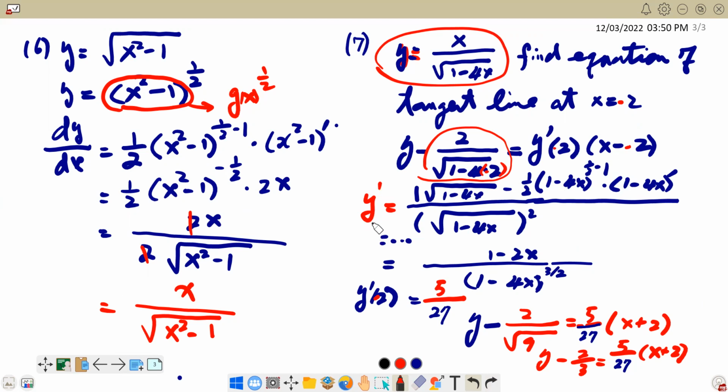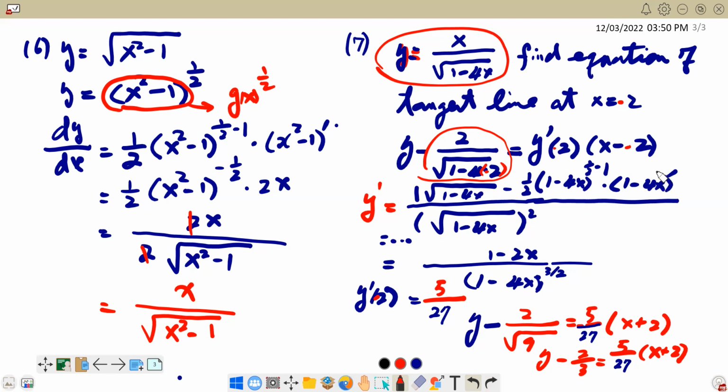So for y prime, we use the quotient rule first. So the denominator squared, then the derivative of the numerator times the denominator minus the derivative of the denominator. Now for the derivative of the denominator, we use the general power rule: 1/2 times 1 minus 4x to the 1/2 minus 1, times the derivative of 1 minus 4x.